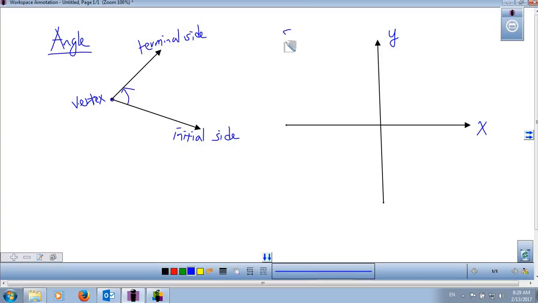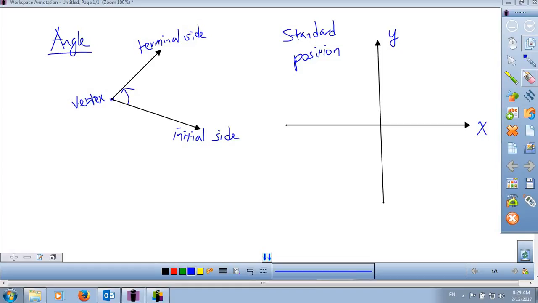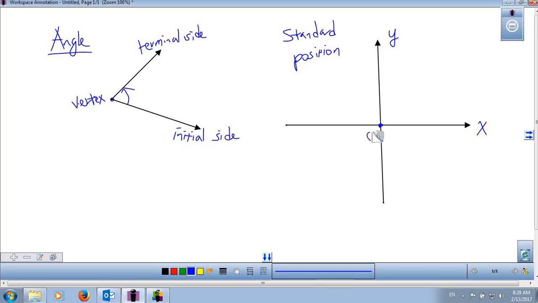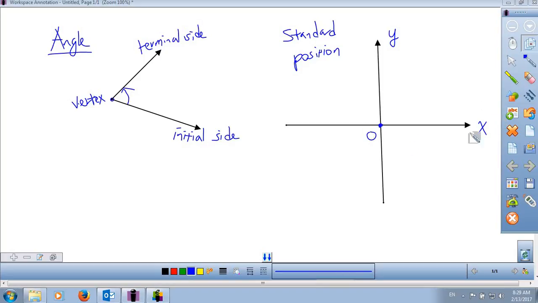There is something called the standard position of an angle. When you put the angle in standard position, the vertex is always at the origin, the intersection of the x-axis and the y-axis.